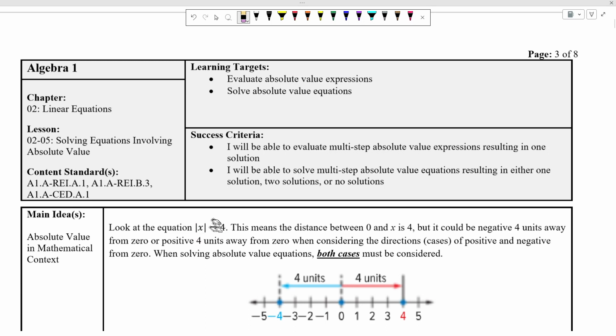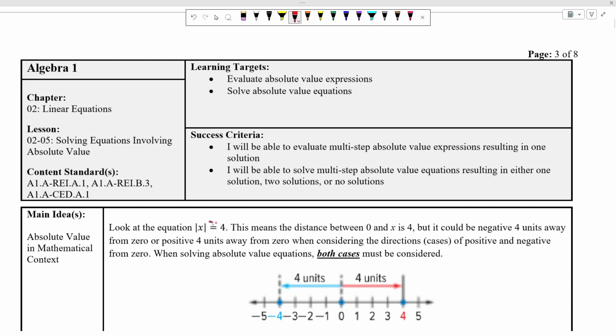Okay, so understand that when we start working with it, it makes more sense. Now, what exactly does that mean, though? Okay, that's great. I can recognize this symbology here. That's wonderful. Now, what does it all mean, though? Well, this means basically the distance between 0 and x is 4.